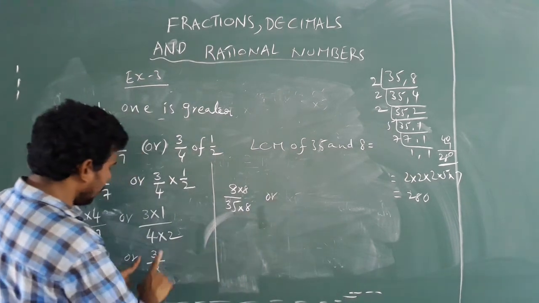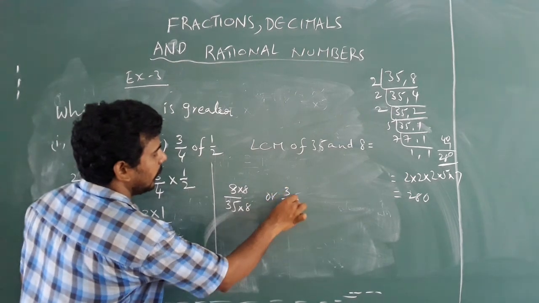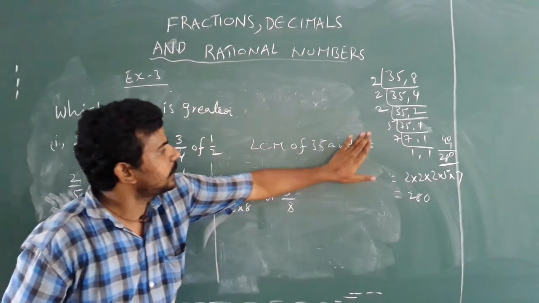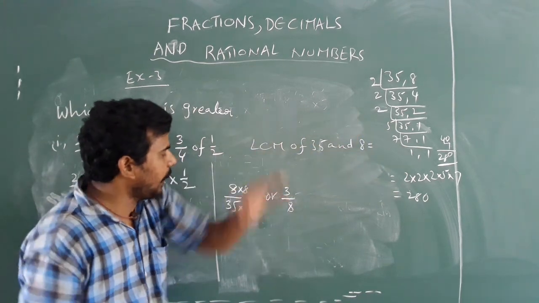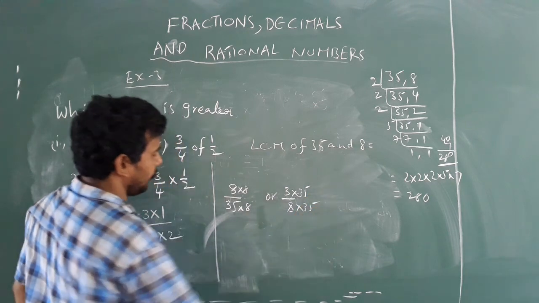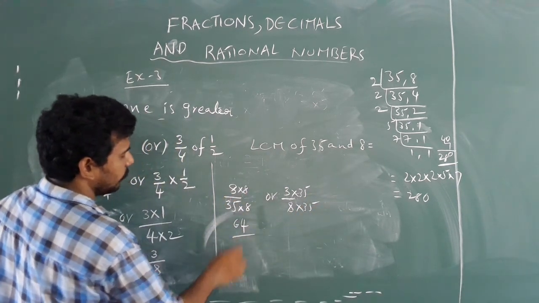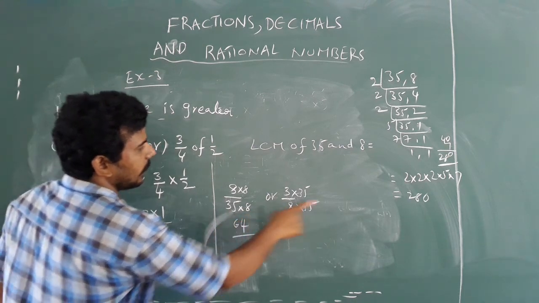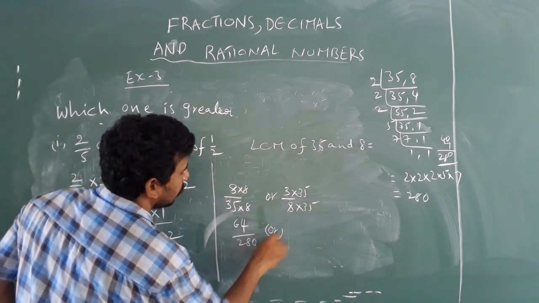Or what is the remaining fraction, children? 3 by 8. So close this 8. What is the remaining number, children? 35. That 35 take into 35 into 35. Now 8 8s are how much, children? 64 by 35 8s, what is that, children? 280.